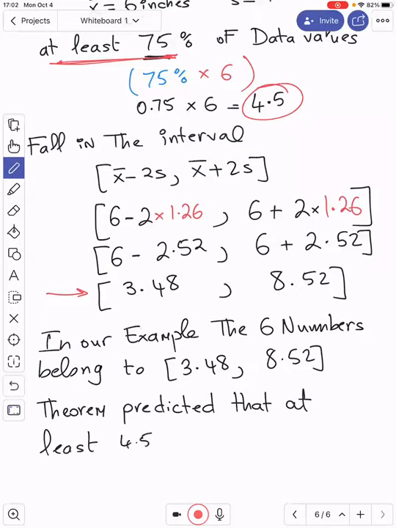When I say 4.5 numbers, I mean there are at least 4 numbers, right? At least 4 data values which fall in this interval.